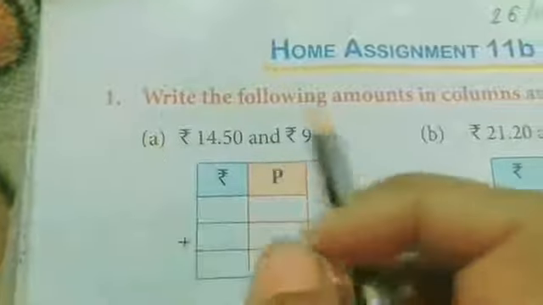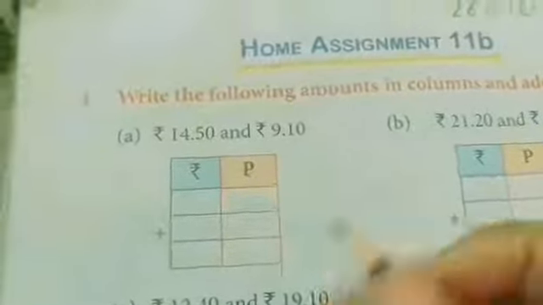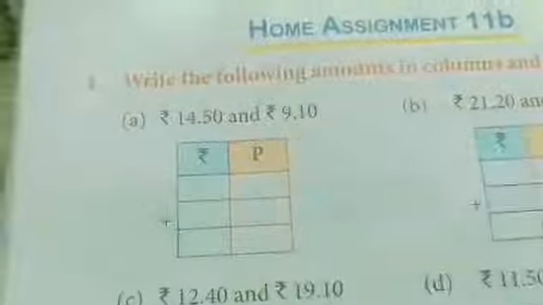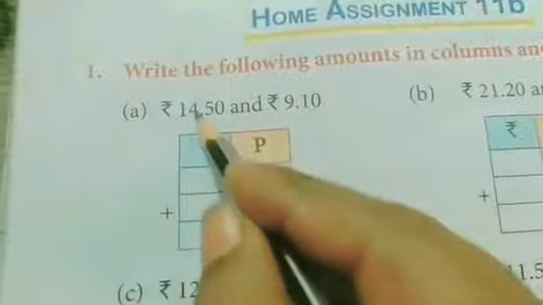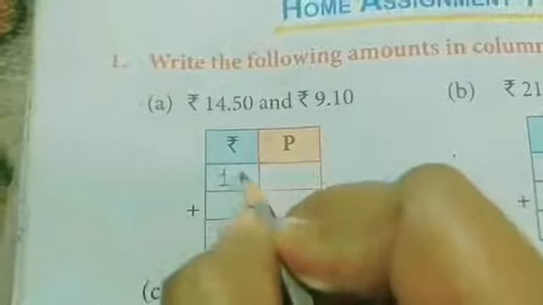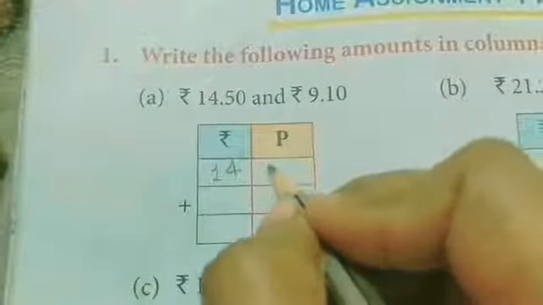First question, write the following amounts in column and add. So write the amount in column and then add it. Rupees 14, write in rupees column. 50 paise, write in paise column.